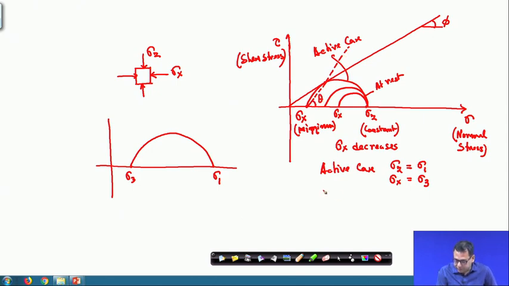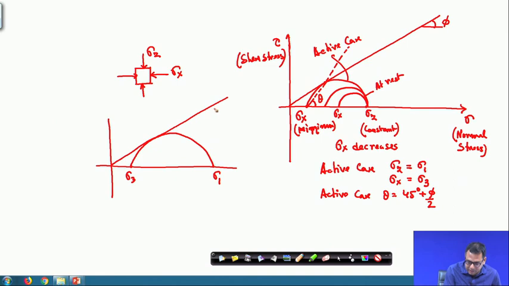I have drawn it for the active case, and this theta value is 45 degree plus phi by 2, as I have already proved. So, this is the same failure envelope, and I am taking this last Mohr circle. This is sigma 3.